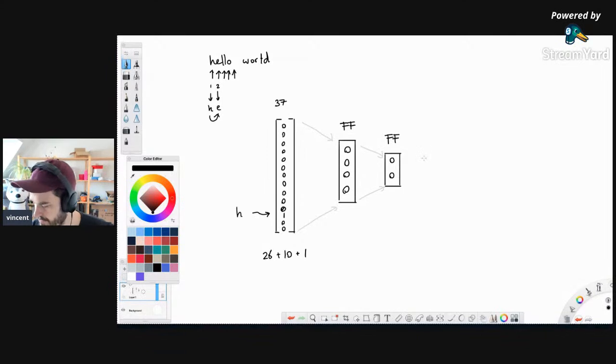And what I can then do at some point is attach some sort of a label to the system. Let's now have a final feed forward layer over here. And let's draw that one more time, like so. Let's have this one also be of size 37, and let's also say that there's a sigmoid activation function on this one.